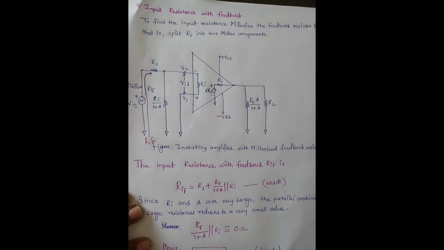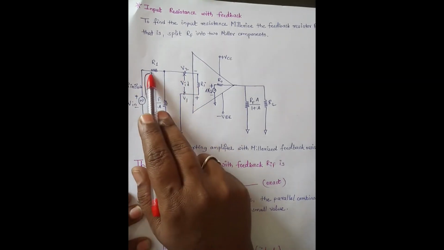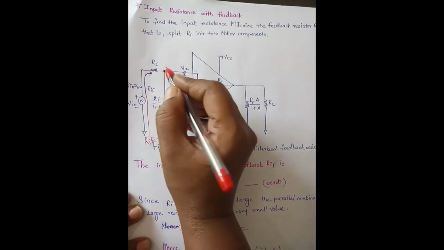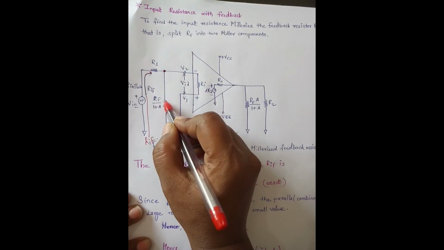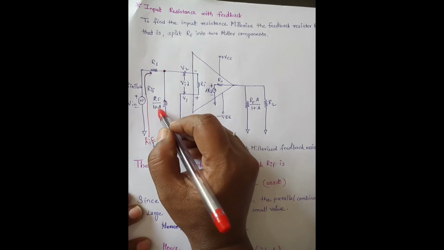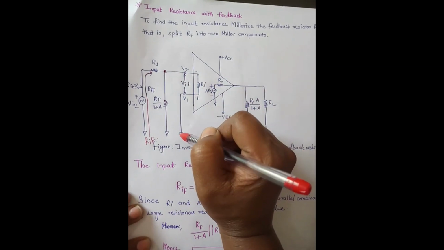When we are looking into the input terminal, we can see the resistance that will be R1. At this node there is resistor R1, then the millerized component of feedback resistor, RF by 1 plus A, and another resistance, Ri, is connected.